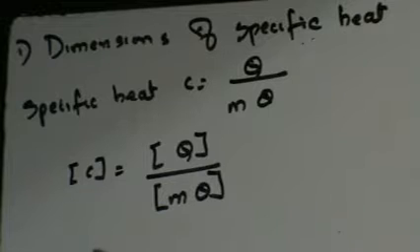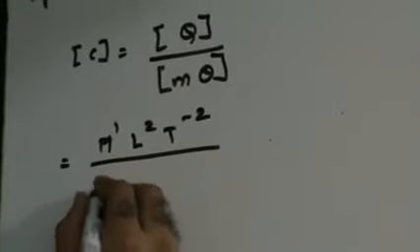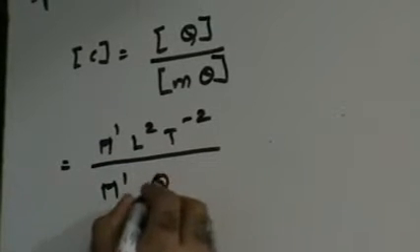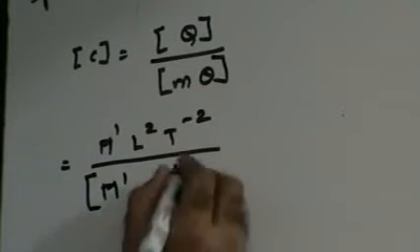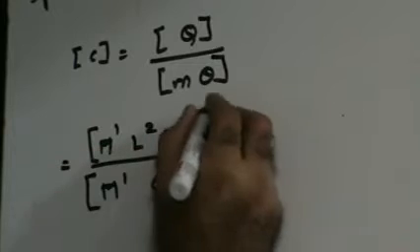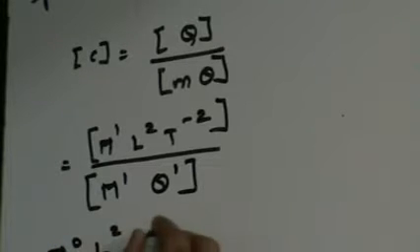Now, dimensions of heat are M1 L2 T minus 2 upon M1 theta 1. So in that case, the dimensions of specific heat will be nothing but M0 L2 T minus 2 theta minus 1. Those are going to be your dimensions of specific heat.